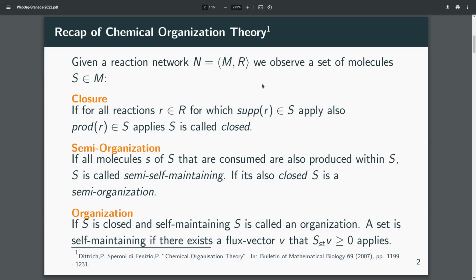So just to recap, a stoichiometric matrix is defined by all reactions that are in the closure and all the molecules that are in the closure. So a position Sij in a stoichiometric matrix corresponds to the net concentration or to the net count of the molecule i in reaction j.